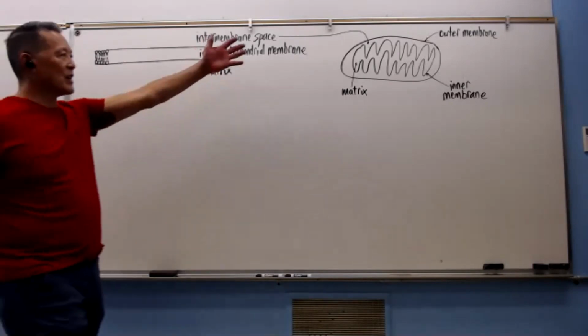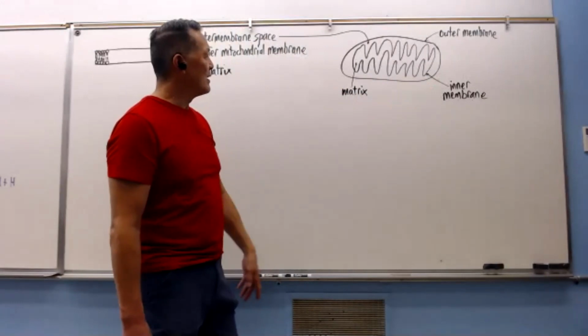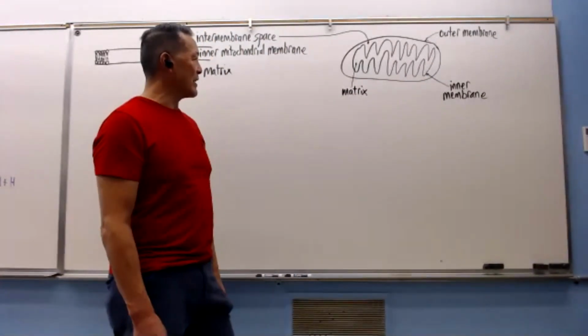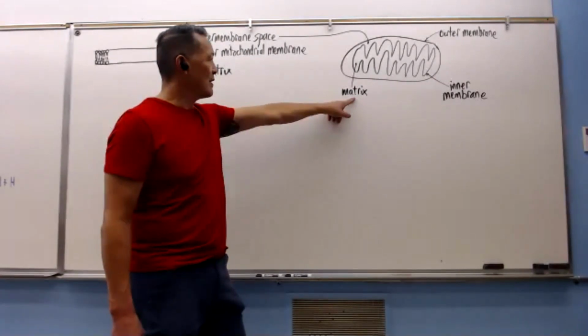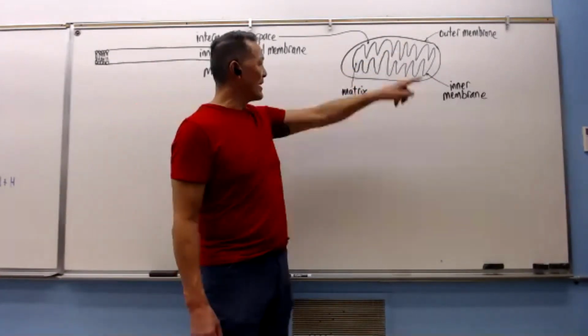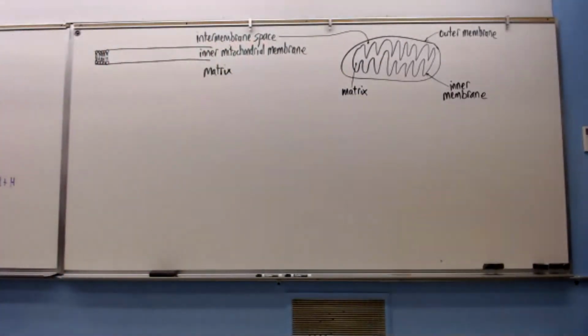This is the mitochondria, has 2 membranes. It has an outer membrane and an inner membrane. Well, in the center, inside the inner membrane, is called the mitochondrial matrix or matrix. But the space in between the inner and outer membranes is called the intermembrane space. You've got to know this to understand the third step.